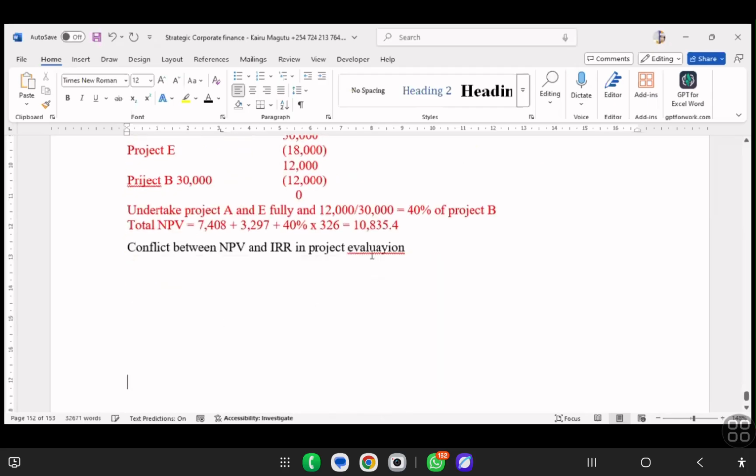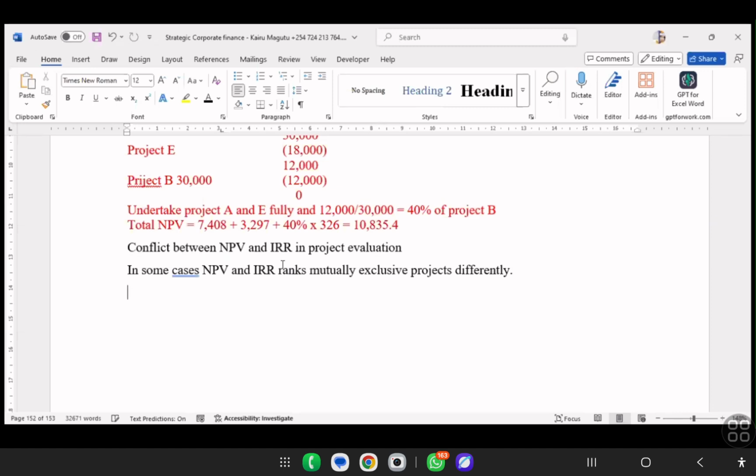Let me say that the conflict between the NPV and IRR in project evaluation, we say that in some cases, NPV and IRR rank mutually exclusive projects differently.